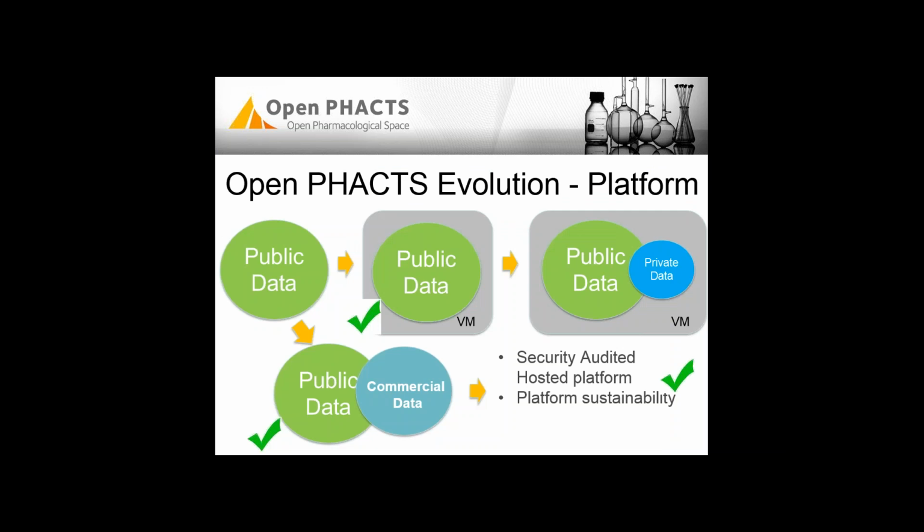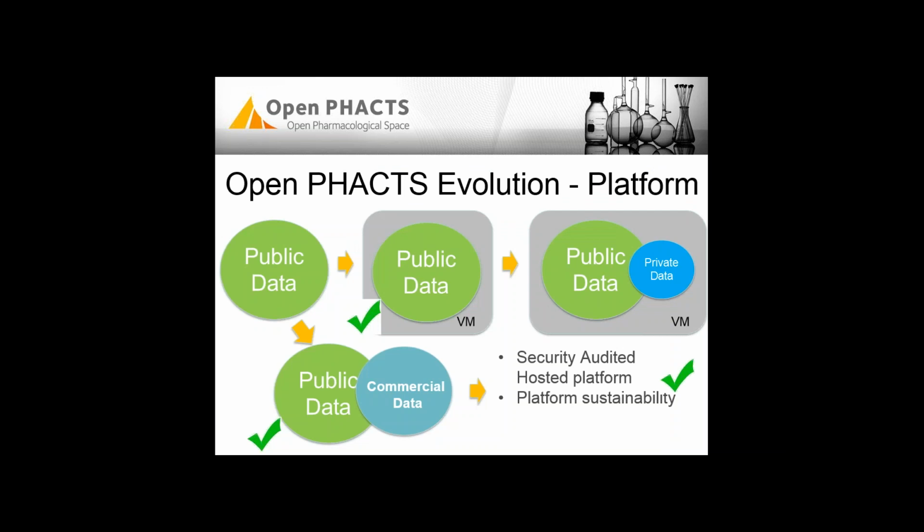And this slide just gives you a little bit of an update on the evolution of Open PHACTS. From the left-hand side, the first goal was to deliver an interoperable set of public data from those data sources which were listed before. And we've actually added in a number of things as part of the project over this last period.